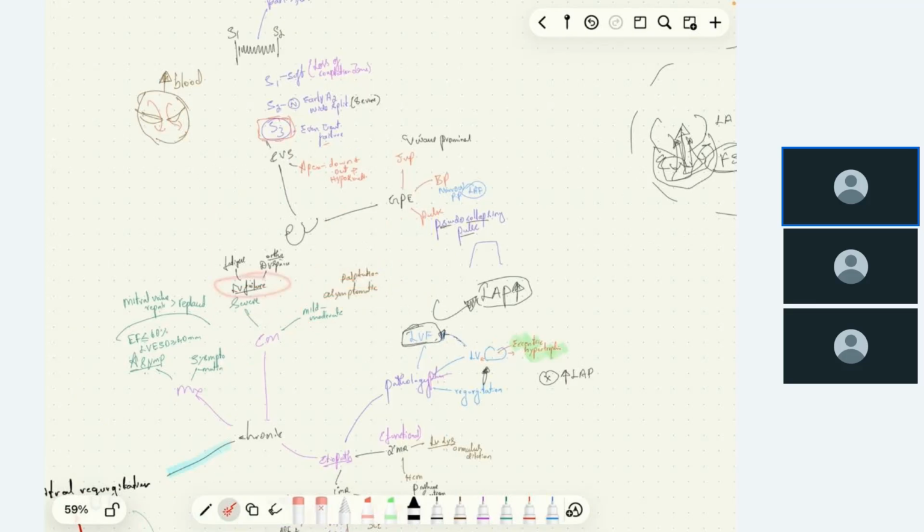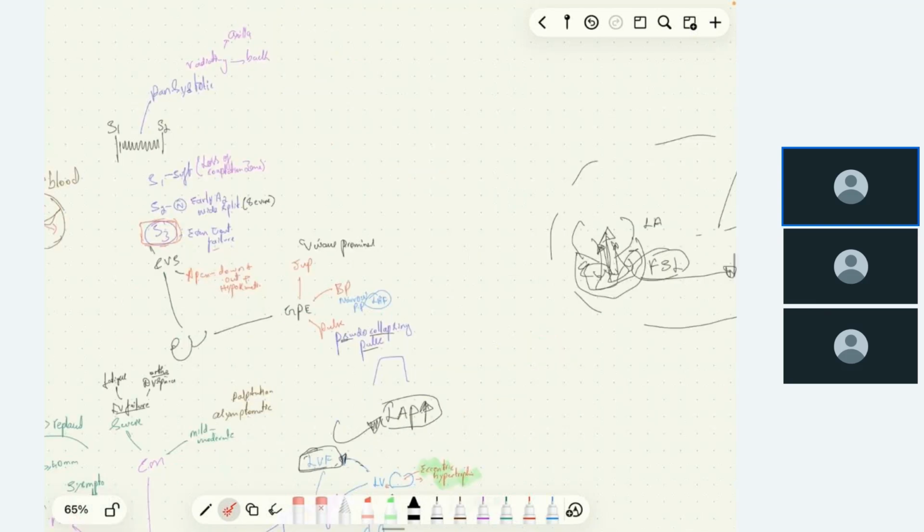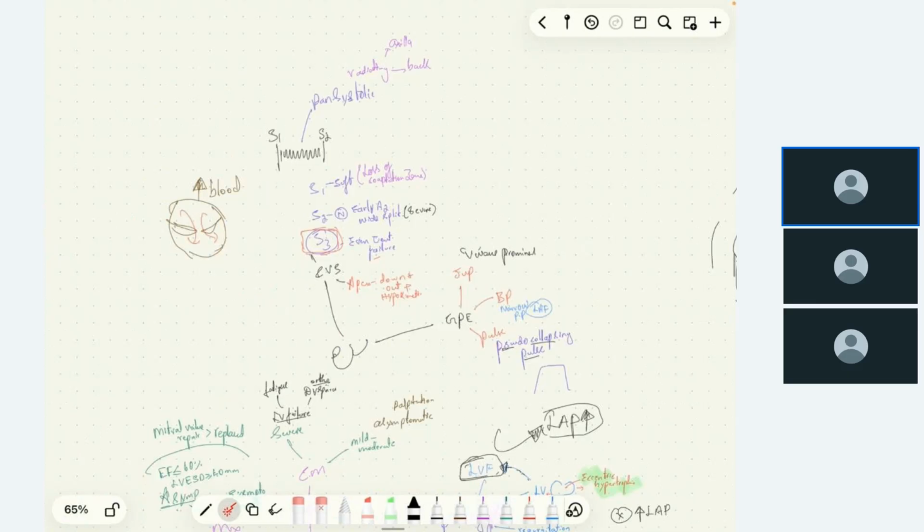The examination findings: on general physical examination, we see pseudo collapsing pulse, narrow pulse pressure, and a prominent V wave. The CVS findings: soft S1, wide splitting S2, and S3 is seen even without failure. Note this point: S3 is noted even without failure.